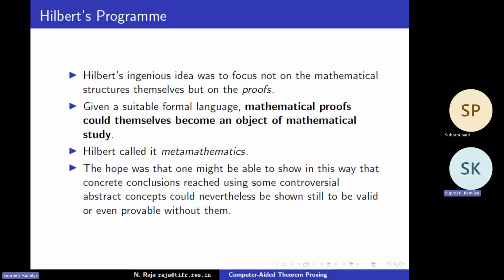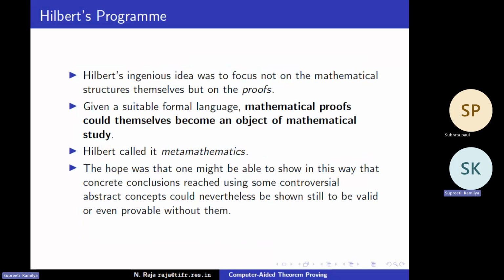So Hilbert was the first one who said concentrate on the proofs, and study those proofs themselves as objects of mathematical study, just like you do groups or rings or topologies. So our main object of study is a proof here.